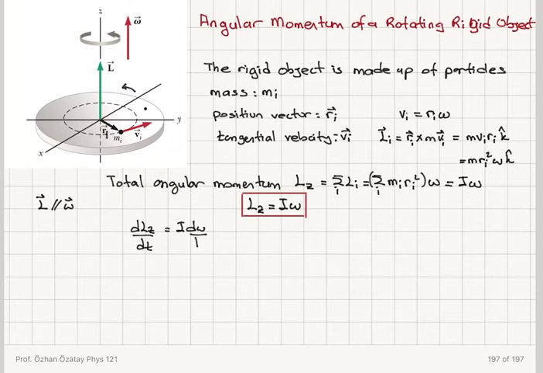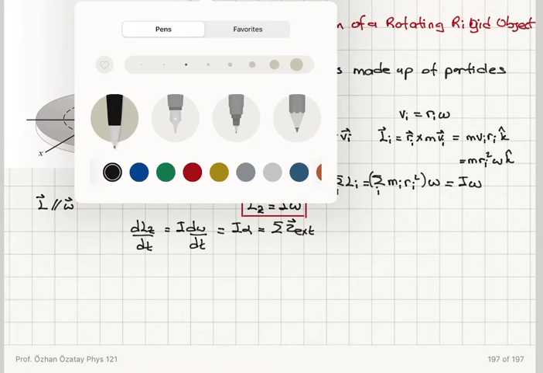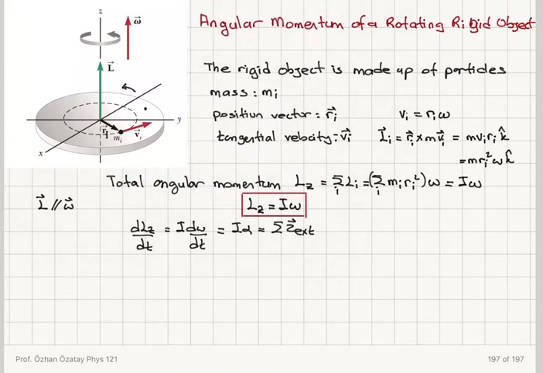So if I take a derivative of this angular momentum with respect to time, the rate of change of angular momentum, I get I d omega dt, that is I alpha, and I alpha we have shown previously to be equal to the net torque that is applied on this object.